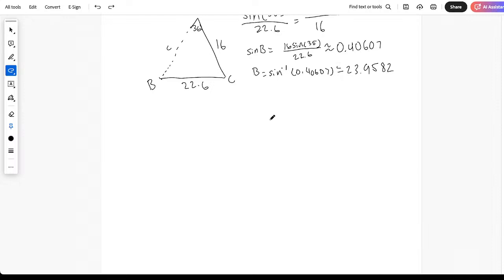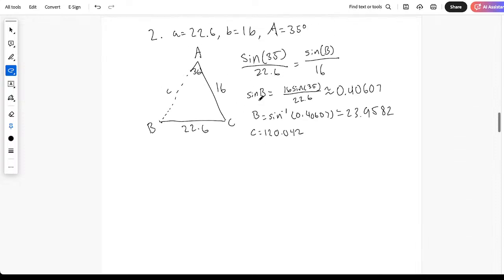So that gives us C equals 120.042. I'm going to round that to 120.